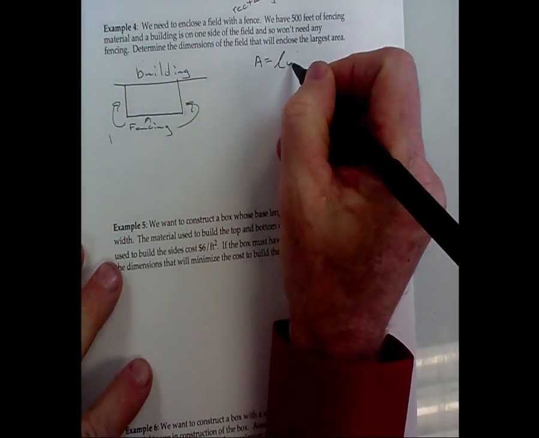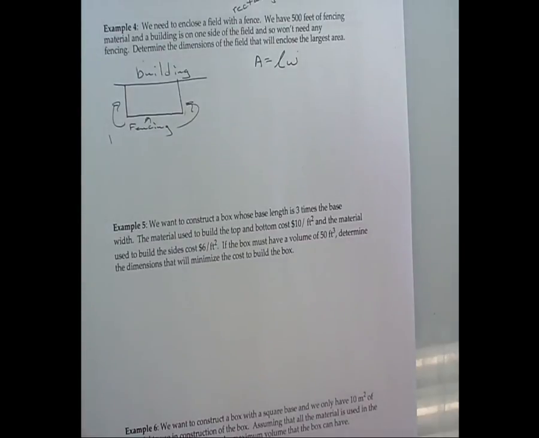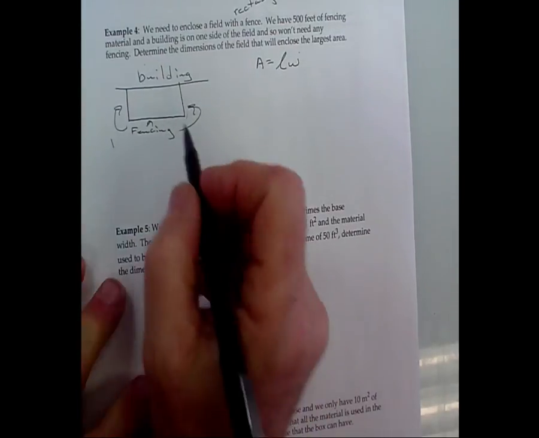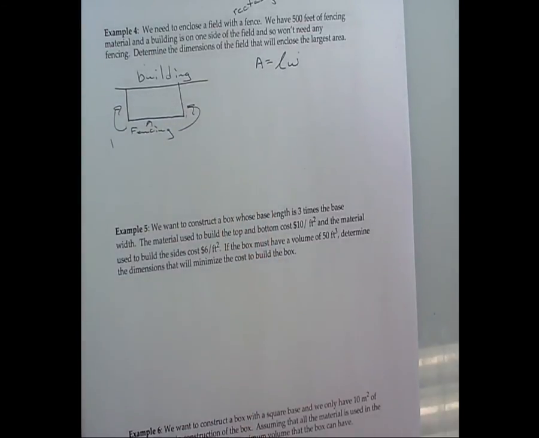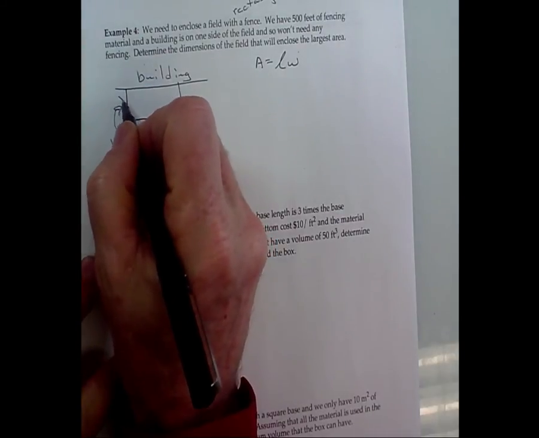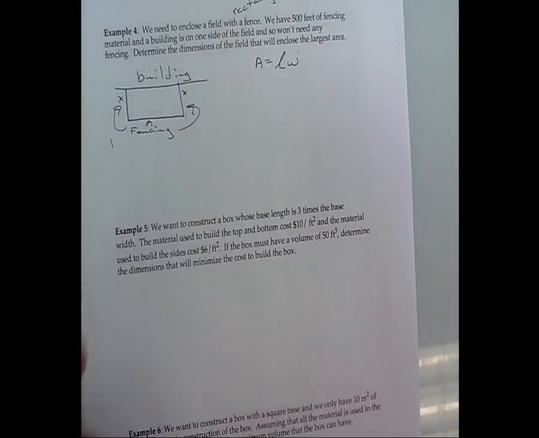Beautiful. Okay? Which way is length for you? This way? And you're calling this width? Okay. One of those is going to be x. You tell me which one. Width. You're going to call this x? So this has got to be x too? Okay.